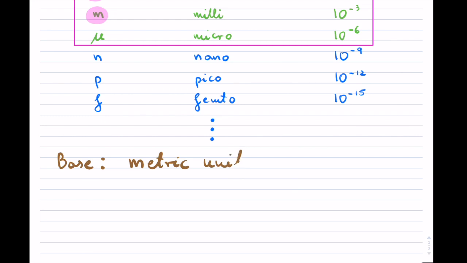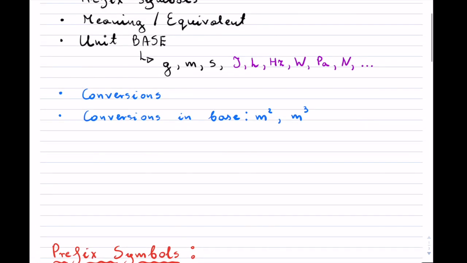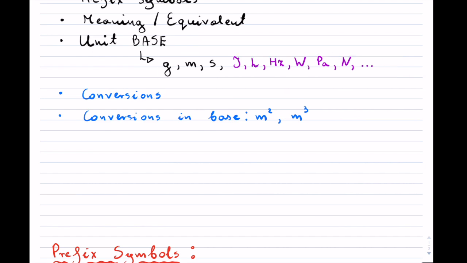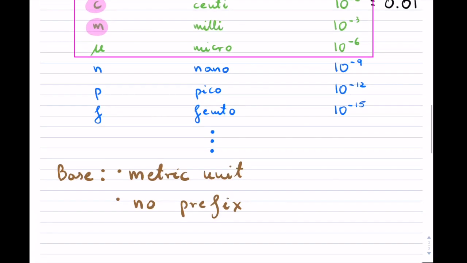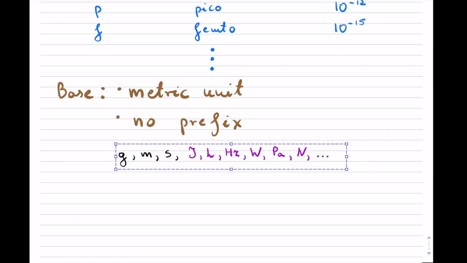So it is a metric unit, and it does not have a prefix. And I wrote some of these in the little bit of an agenda for this video. So here are some. There's obviously many more, depending on what field you're working with. Now, these ones, you may be familiar with some of them.